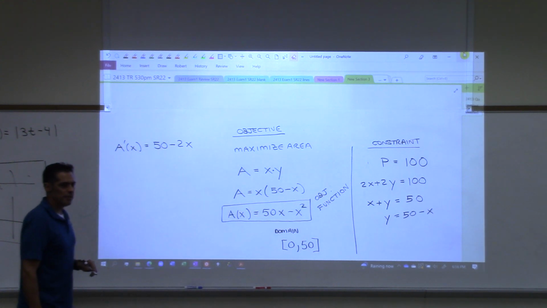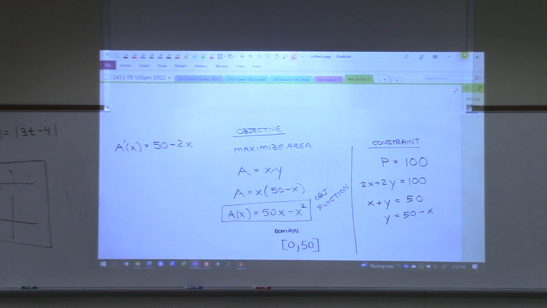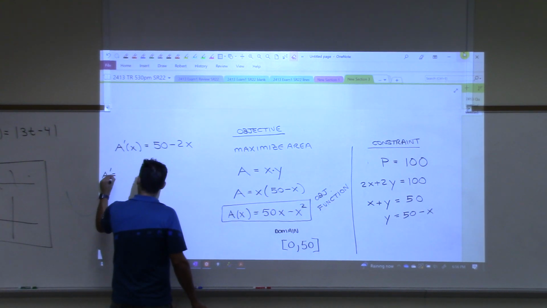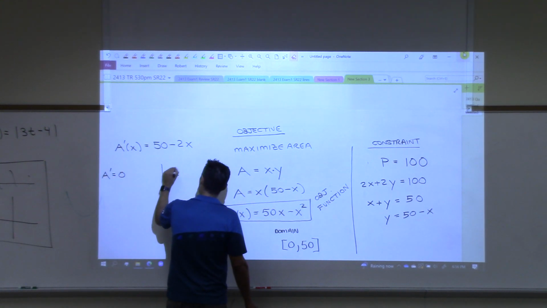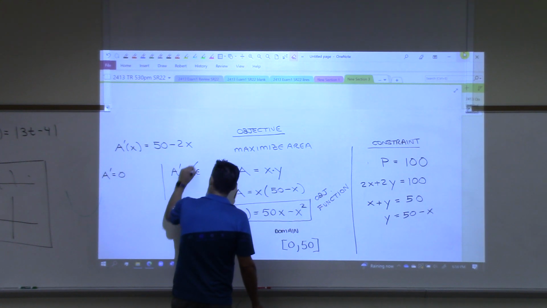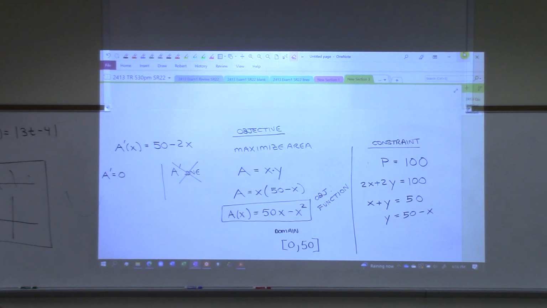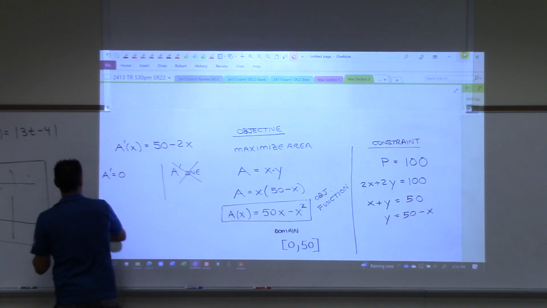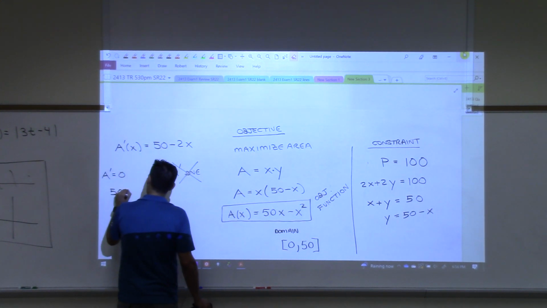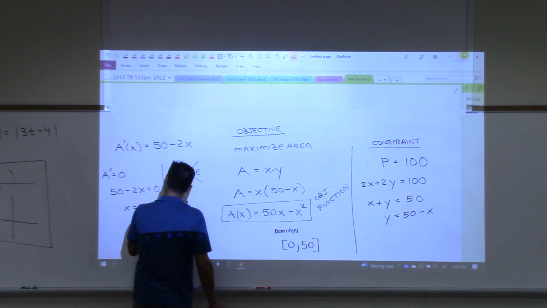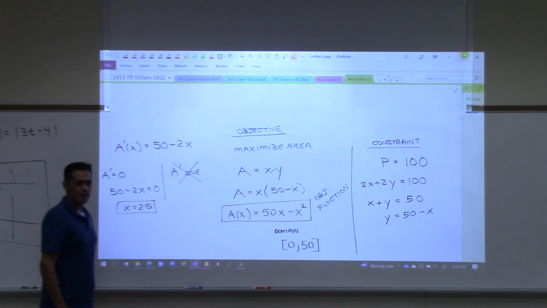What do we do with that derivative? Set it equal to 0. Figure out where it doesn't exist. That doesn't happen because the derivative is nice. But setting it equal to 0, well, that's not that bad. 50 minus 2x equals 0. You get x is 25. I trust that you could do that, yes?